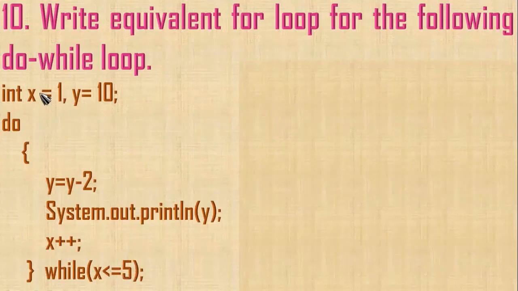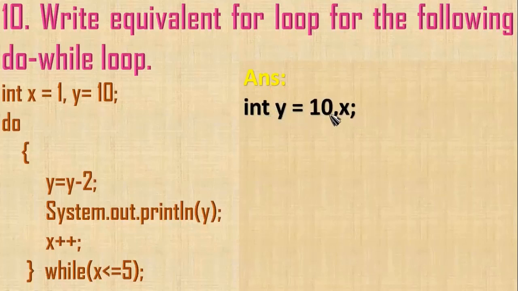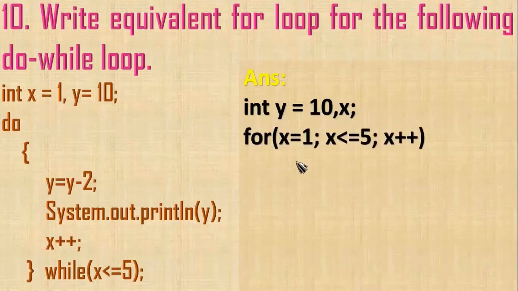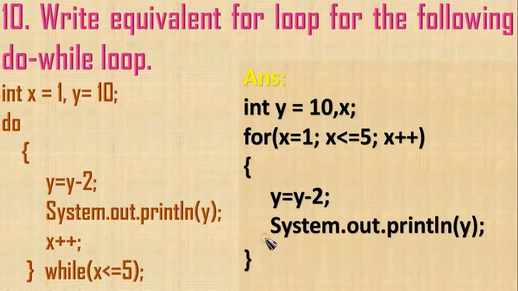So what we can do is initialize this x in the for loop, while y is initialized before itself. So I have done y is equal to 10, that is initialized, and x I have declared here. So x is equal to 1, then x is lesser than or equal to 5, the condition is given there, and then x plus plus has been done here. And then open the braces, y is equal to y minus 2, and then the printing statement. We close the loop. Let us go to the next question.